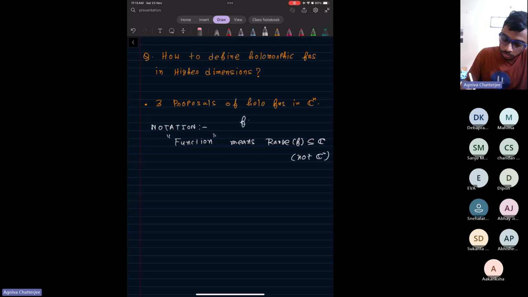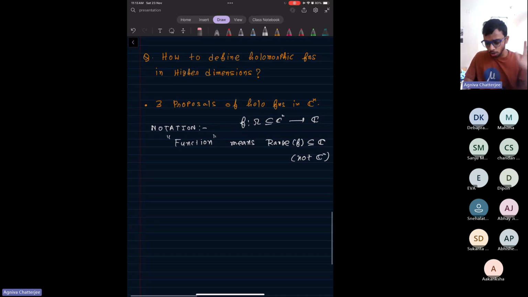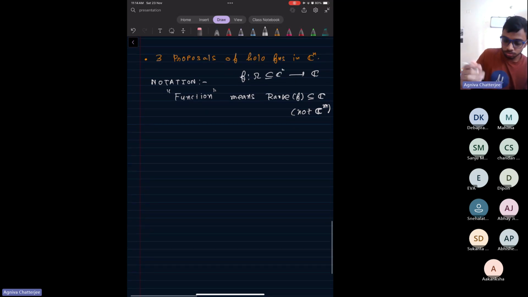So I'm talking about functions from Cn to C, where the range is not high dimensional. We will not talk much about when the range is a subset of Cm. Those are called holomorphic maps, but we will not talk much about them. So let's talk about the three proposals.